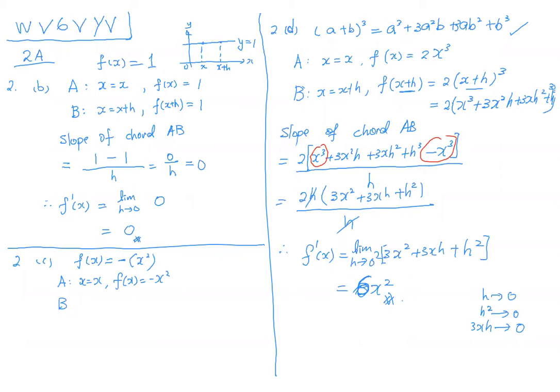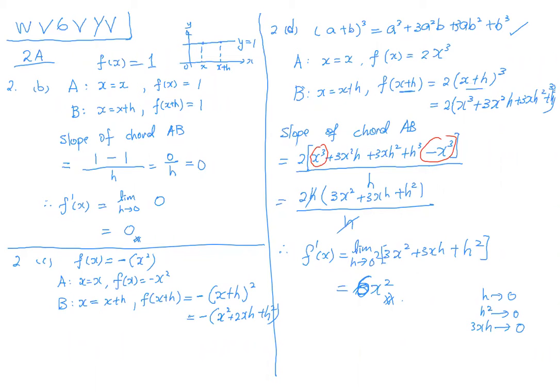B, this one you have to be very careful. x plus h, so your f(x plus h) is negative (x plus h) squared. So it's negative x squared plus 2xh plus h squared. You have to be very, very careful of this.